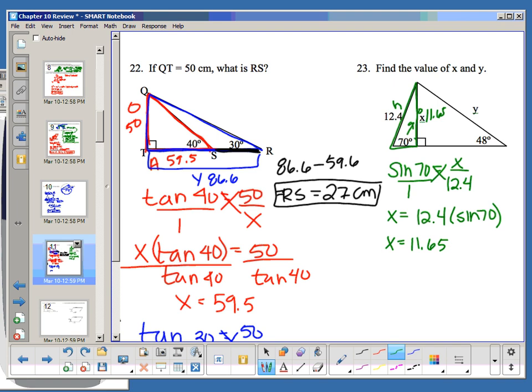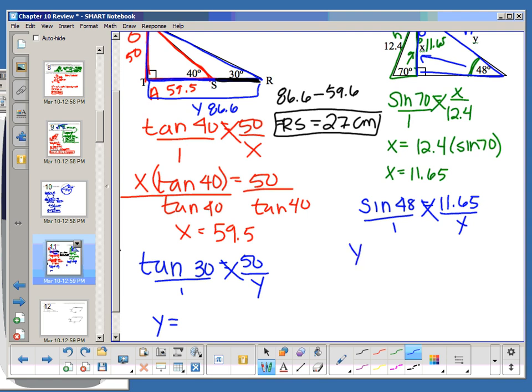Now I need to use that to find y, so I'm going to be looking at this other triangle now. This is still the opposite, and this is the hypotenuse, so I'm still going to be using sine. So I have sine of 48 now equals 11.65 over y. Cross multiply. Y times the sine of 48 equals 11.65, so I'm going to divide.